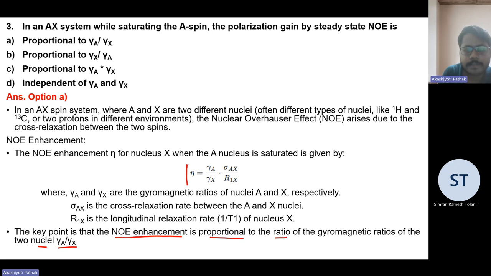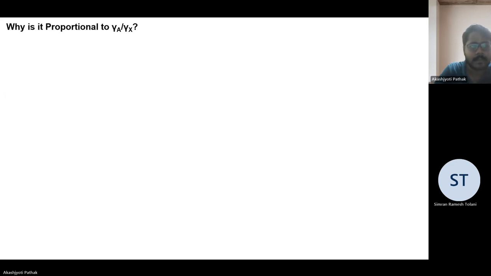So from this equation, we can clearly state that this enhancement is because of this factor, which is the ratio of the gyromagnetic ratios of the two nuclei A and X. So why is it proportional to the ratio between the gyromagnetic ratio of A and X?